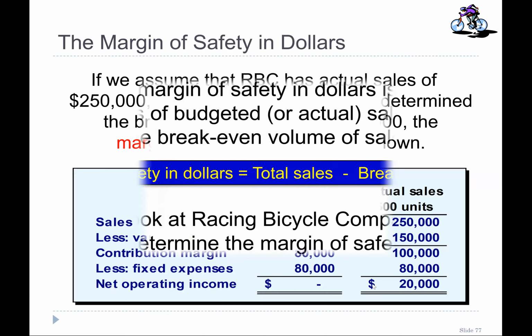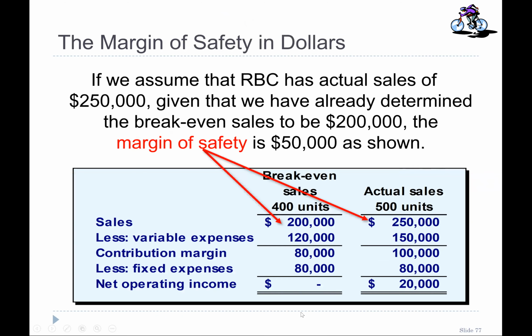Do you see here? Margin of safety, 250,000 minus 200,000, answer is 50,000. Given that we have already determined the break-even sales to be 200,000, the margin of safety would be 50,000.